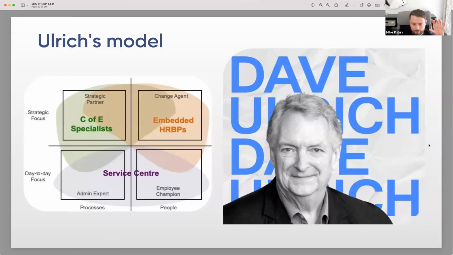We have strategic partner, change agent, admin expert, and employee champion. And as you can see here, our HR business partnership is more about change agent, but also partly about being strategic partner and a little bit about being employee champion.